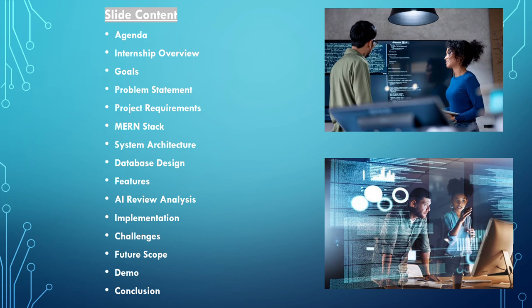Next, I will describe the system architecture, database design, and application features. One of the major highlights of this project is AI review analysis, which I will explain in detail. Finally, I will demonstrate the application and conclude with what I learned during this internship.